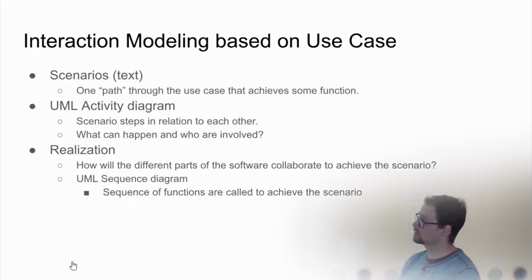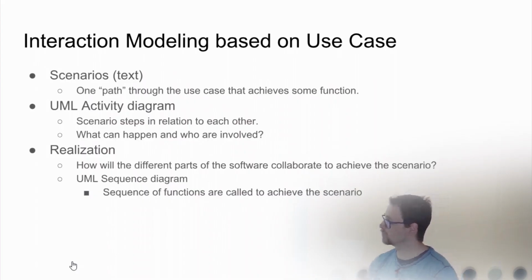and the system answers as it should, and this forms maybe the first scenario in our use case, and we then later extend this scenario with different choices the user can make, error situations, and stuff like that.